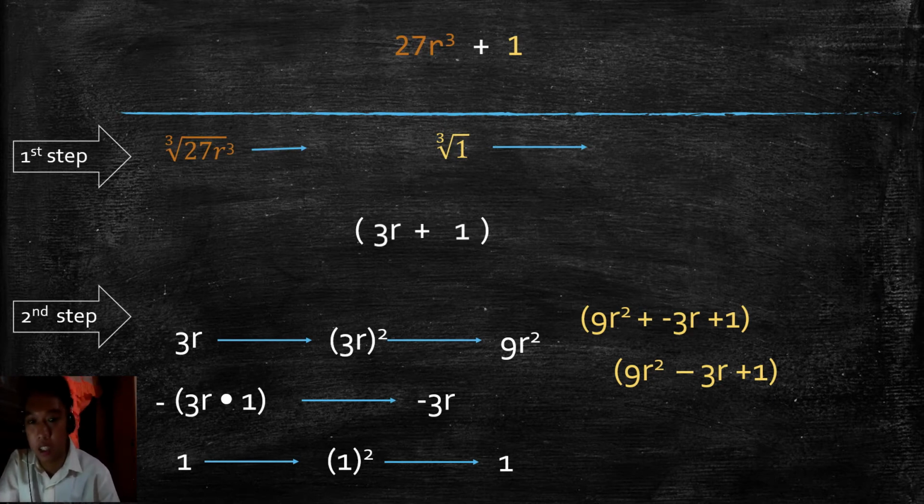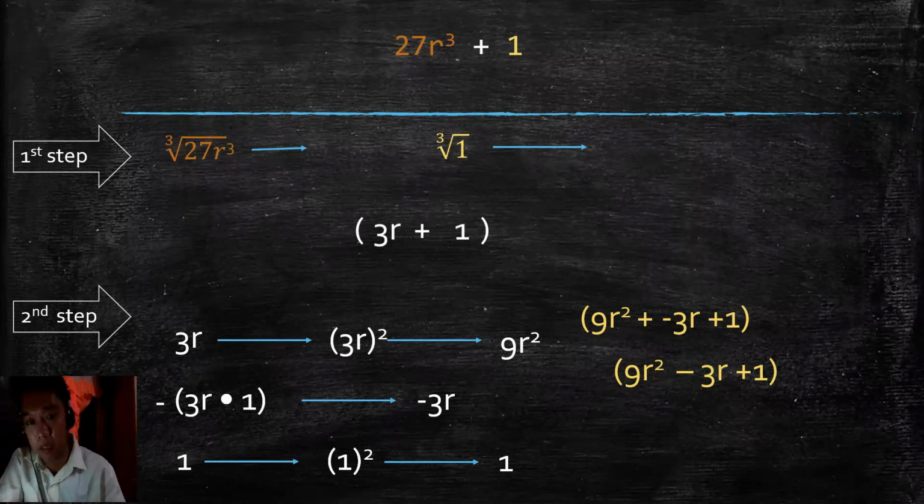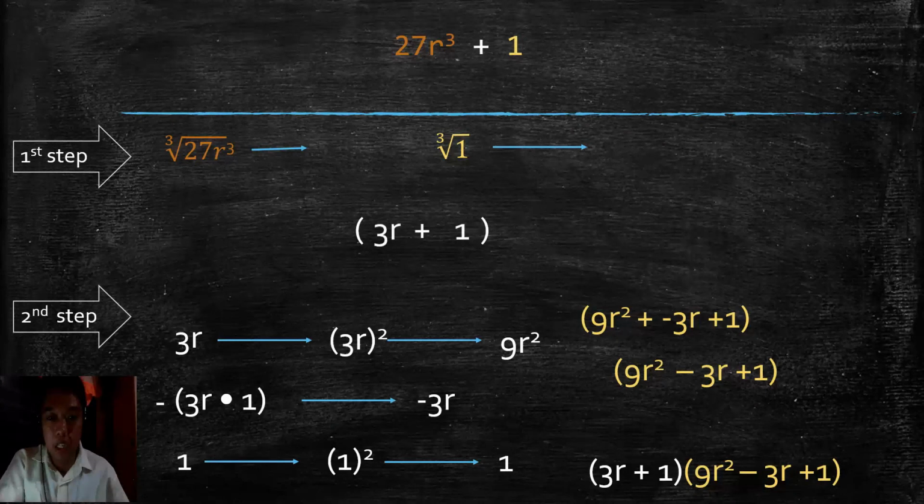Okay. Tingnan nyo yung pagkakaiba ng operation. Okay, so meron na tayong binomial and then trinomial. So we can say that the factor of 27r cubed plus 1 is 3r plus 1 times 9r squared minus 3r plus 1.